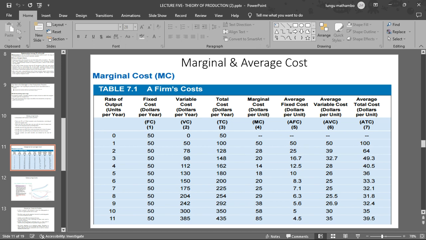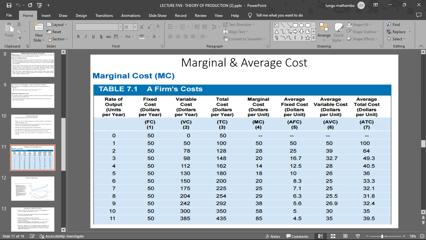You get the difference between 100 and 50, that becomes your marginal, the 50. The difference between 128 and 100 becomes your marginal, the 28. The difference between 148 and 128, which is 20, becomes your marginal. Then let's get the average fixed cost.